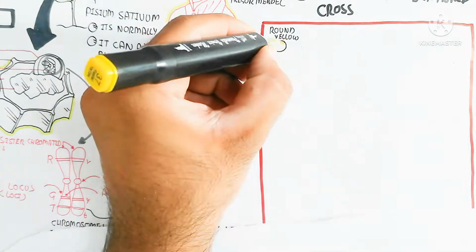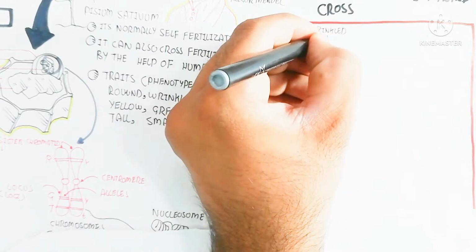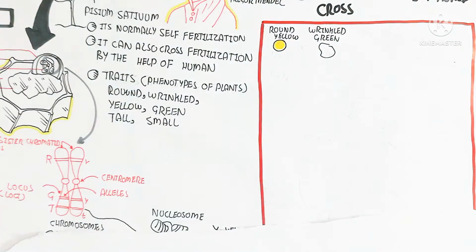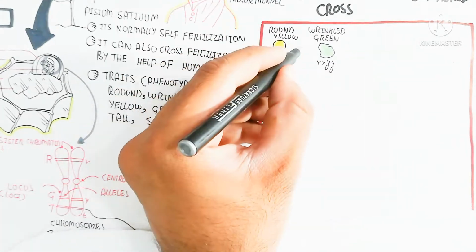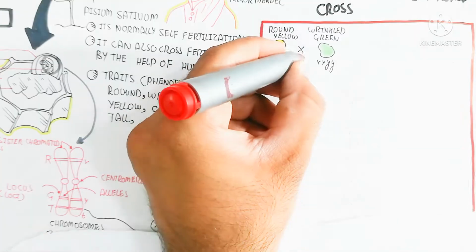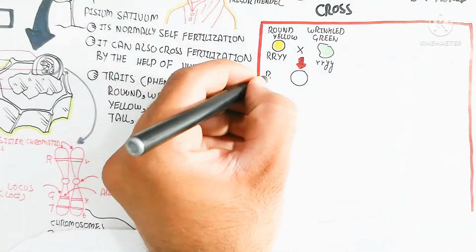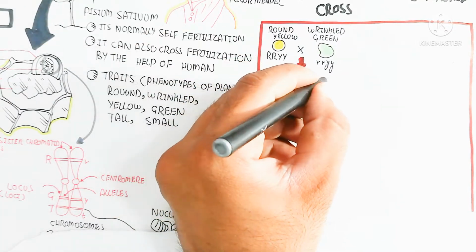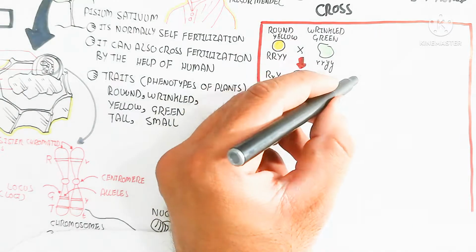It means the capital R contains the homozygous condition, while the capital Y shows the yellow color as a phenotype from the homozygous genotype. While this homozygous recessive contains wrinkled and green, due to the small r and small y.